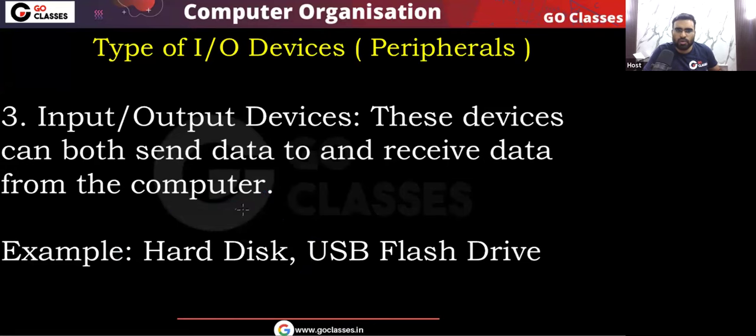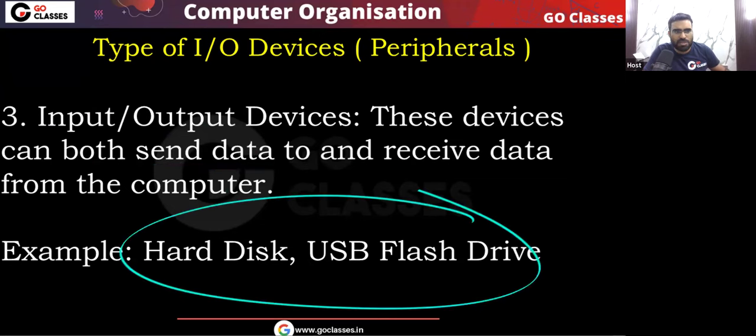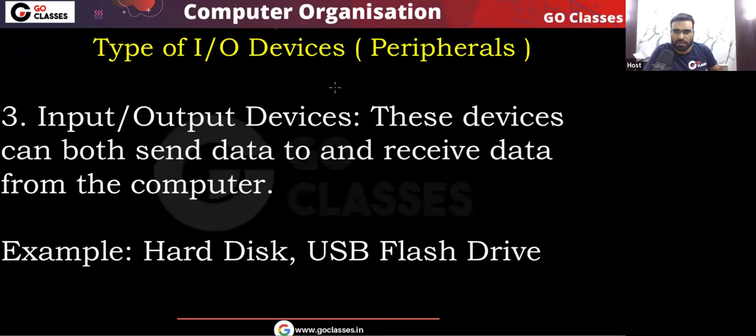Through the hard drive, you can give input to the computer, and also the computer can store data to the hard drive. For example, your pen drive is also an input output device. These devices can send data to the computer or receive data from the computer, like your hard drive, your pen drive, or a USB flash drive. So these are the examples.